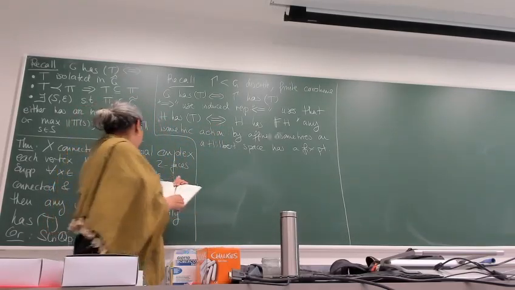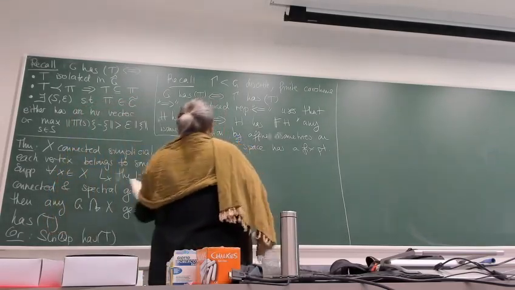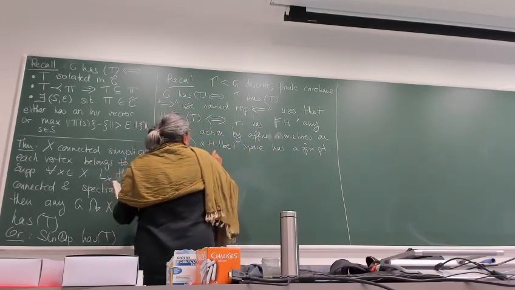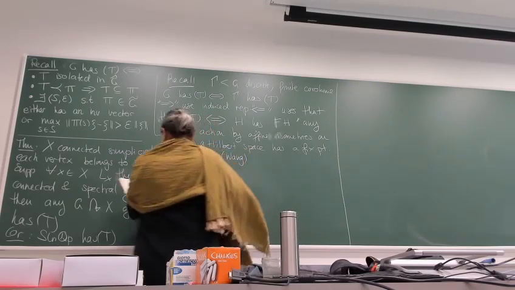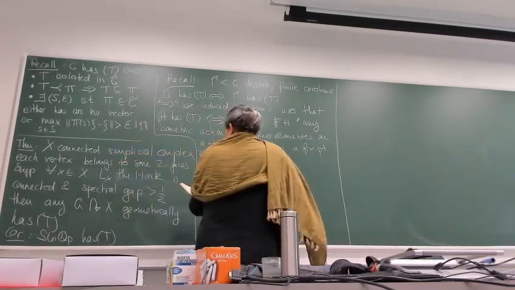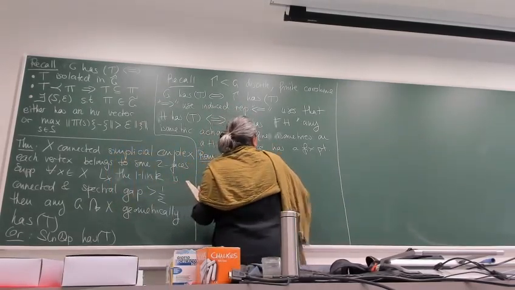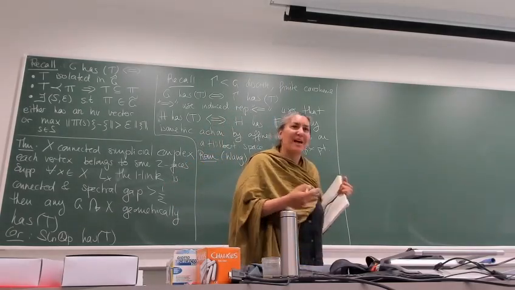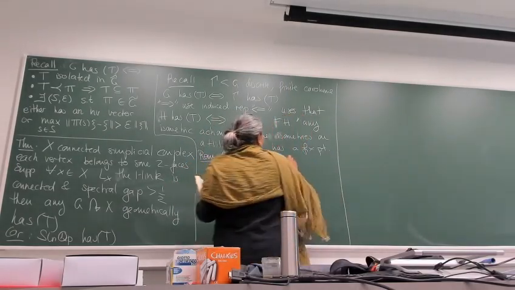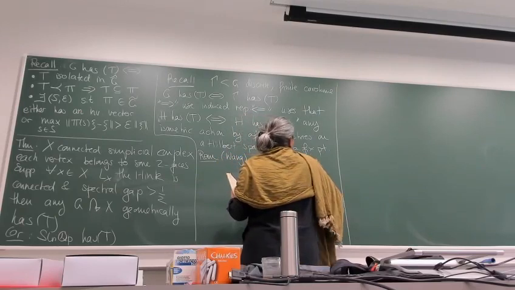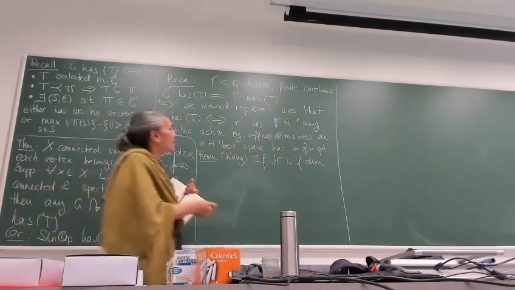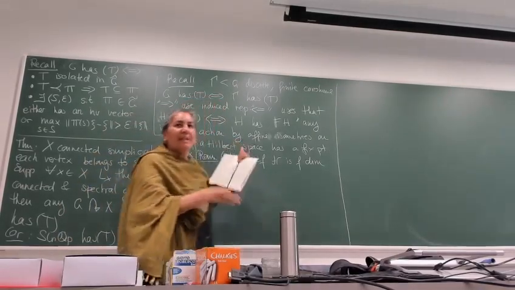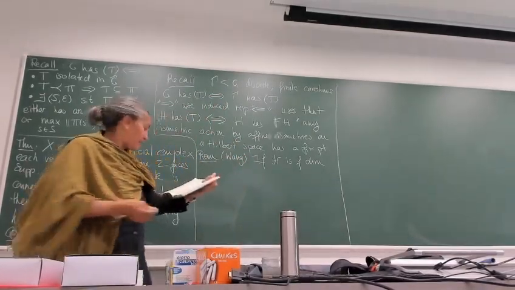One thing which I think is nice and that I should mention is a remark, a result by Wang, that if your Hilbert space H is finite dimensional, then it's relatively easy to see that if G has property T, then it cannot act without a fixed point.